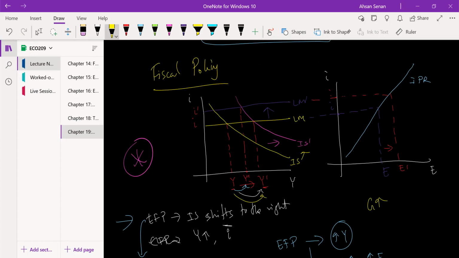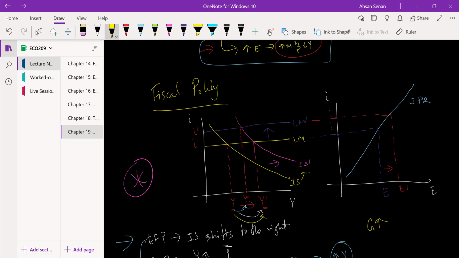The problem arises, remember in the second case, what we saw is that if the central bank is worried that this rise in Y might lead to inflation, they will want to increase the interest rate. But under a fixed exchange rate case, the central bank can no longer do that because their interest rate is pegged to the interest rate of another country.